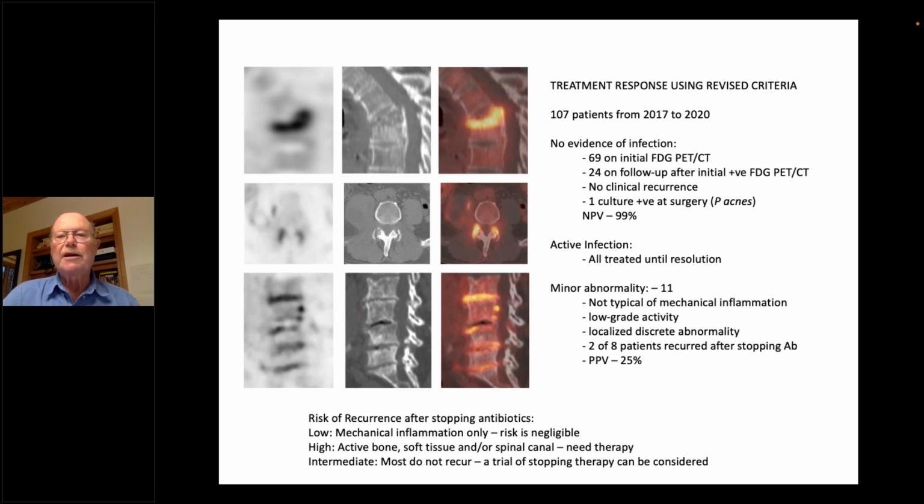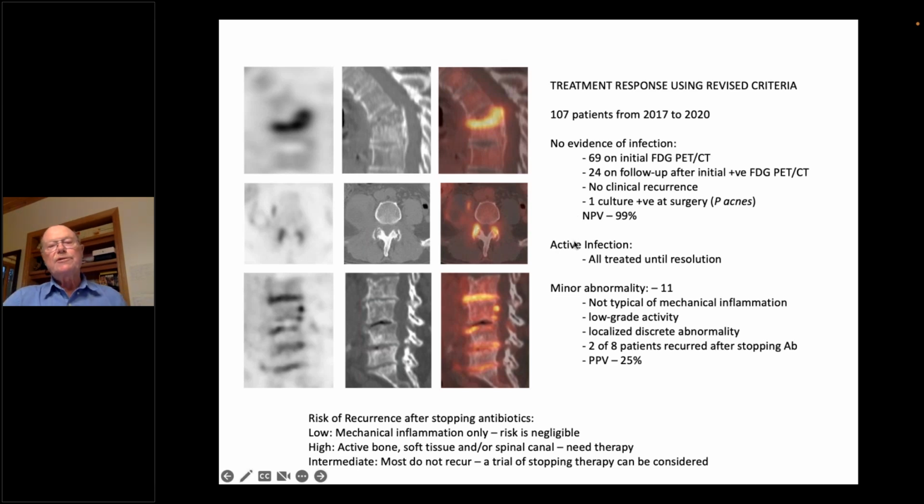None of the patients had clinical recurrence, although one had positive cultures for an avirulent organism, Propionibacterium acnes, at surgery performed to correct deformity 3 days after the PET CT. That gives a negative predictive value of 99%.